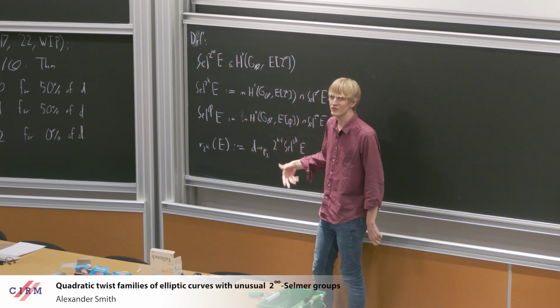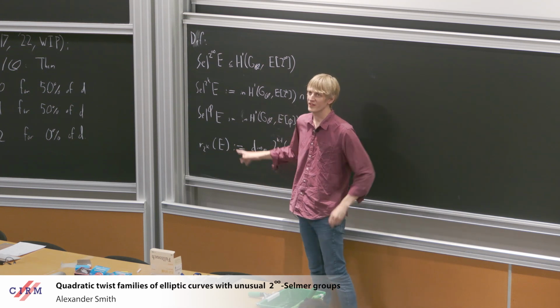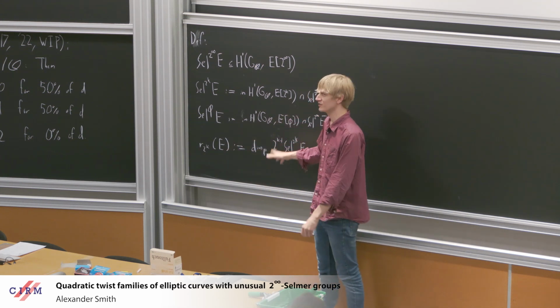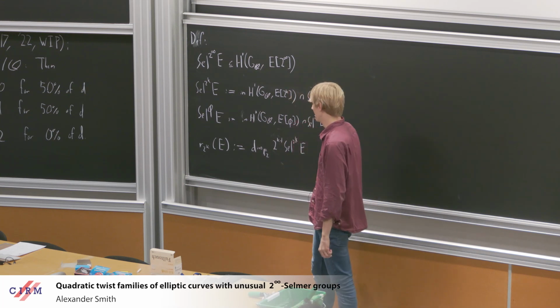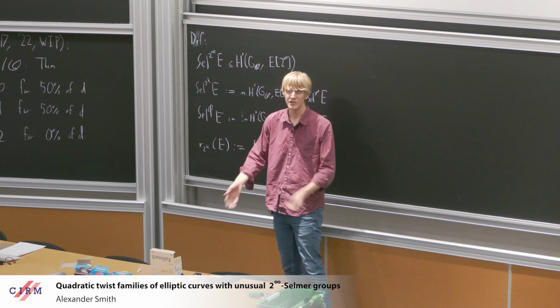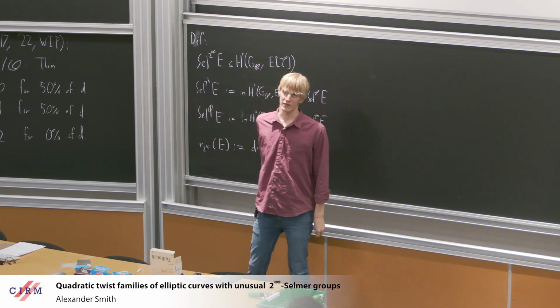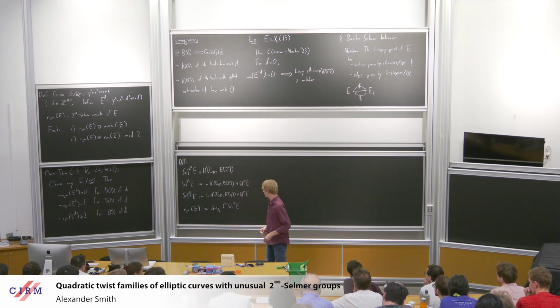When we multiply it by 2^(k-1), we get something with exponent 2. We take the dimension of that over F2, and that's our 2^k Selmer rank. And this gives us a sequence of invariants for an elliptic curve, which are non-increasing, and which have as their limit the 2-infinity Selmer rank. Great.